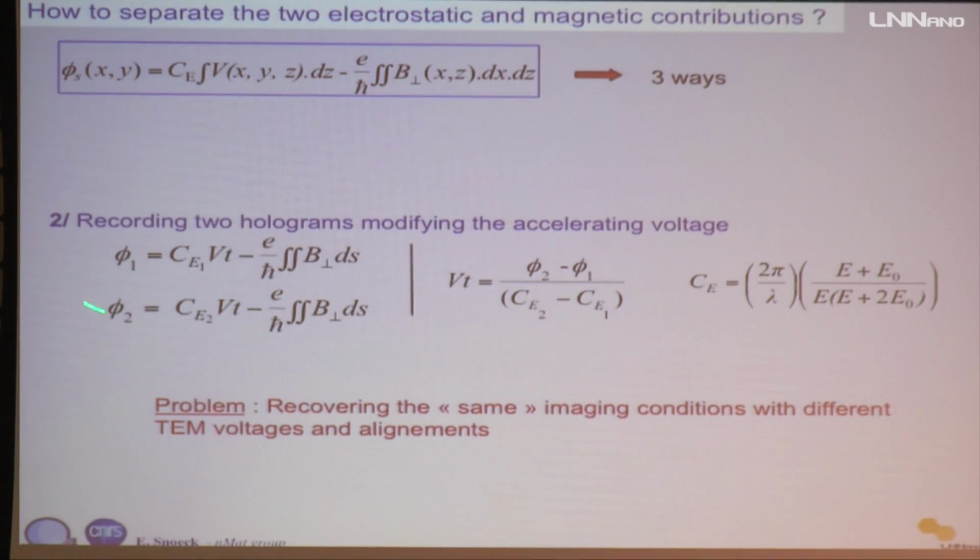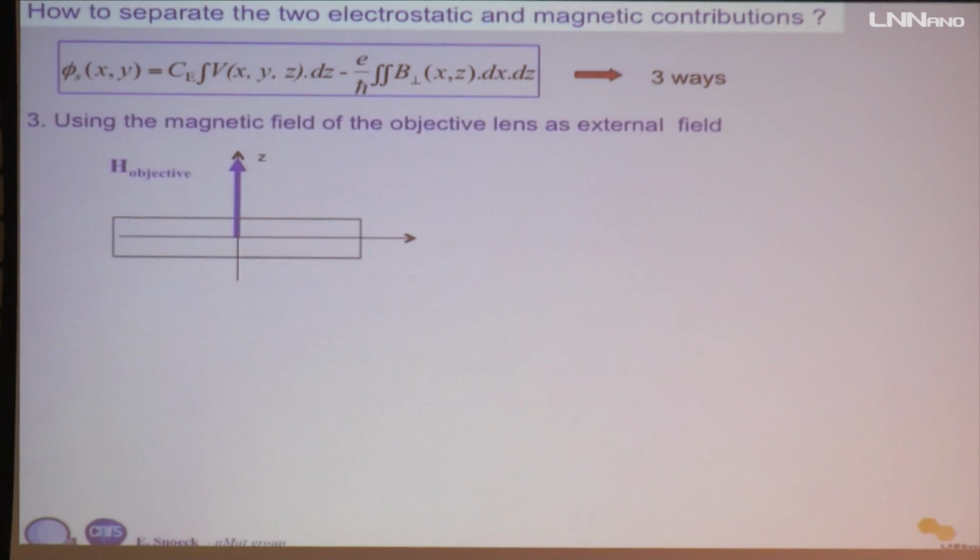So again, you can manage by calculating the image. The main problem is that if you change the voltage, you will change the alignment of the column, so it is complicated. When you are making holograms, you have to align everything perfectly, and then if you change the voltage, it is complicated. So actually this is possible, but nobody is using that.